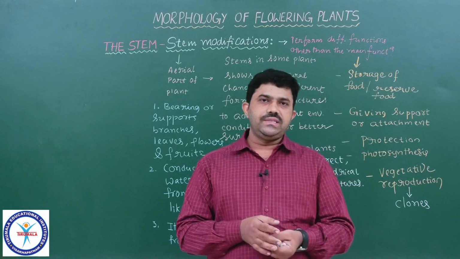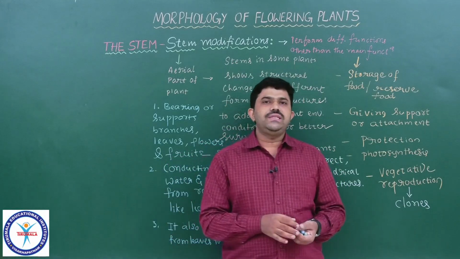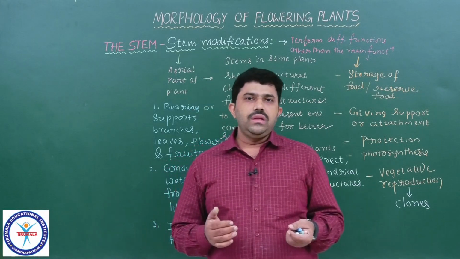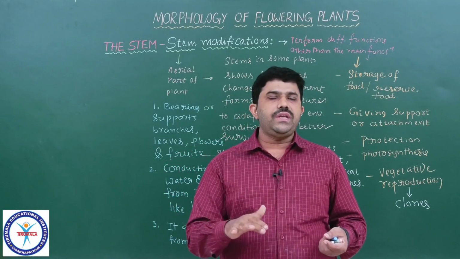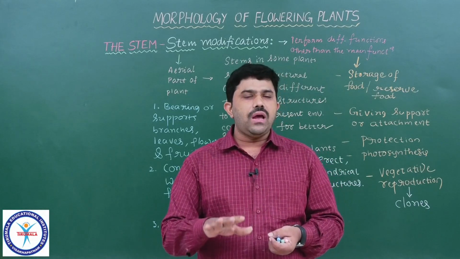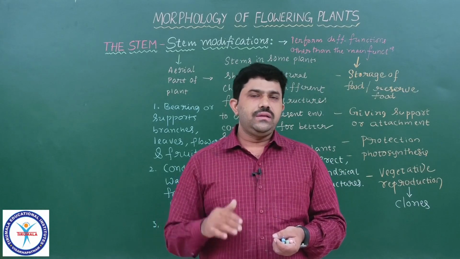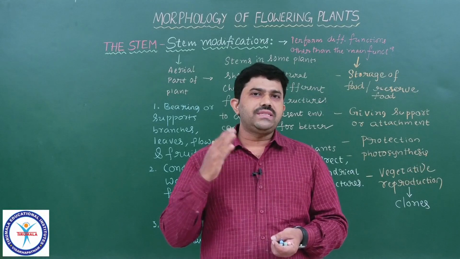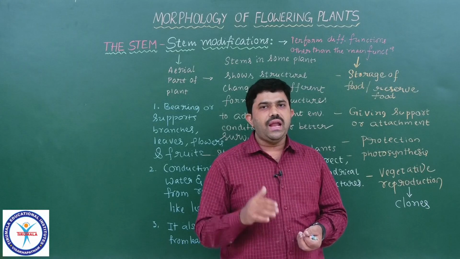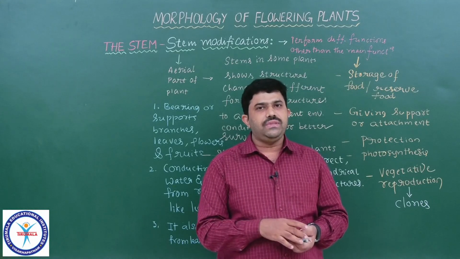Underground stem modifications. And the second one is aerial stem modifications. Aerial means out of the soil. These are the stems that show modifications without coming in contact with the soil. These modifications are all above the soil, on the stem growing towards the light, not in direct contact with the soil.